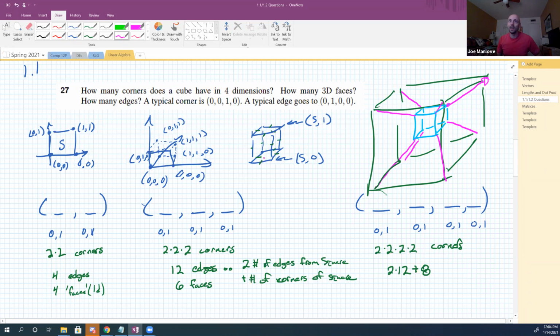We took the edges. So a new face is an edge and these guys. Right, so a new face is the image of an old face, plus the one on the bottom and the one on the top. So it's probably twice the number of edges plus 2.